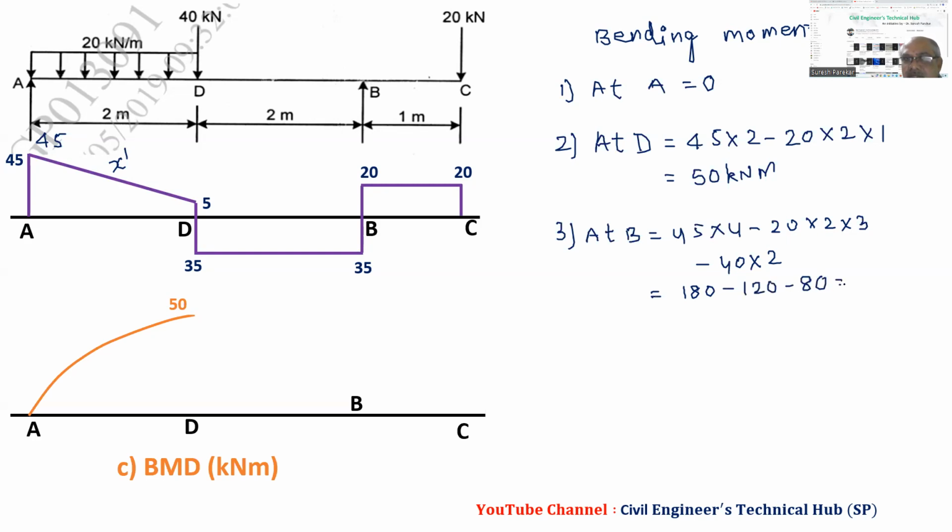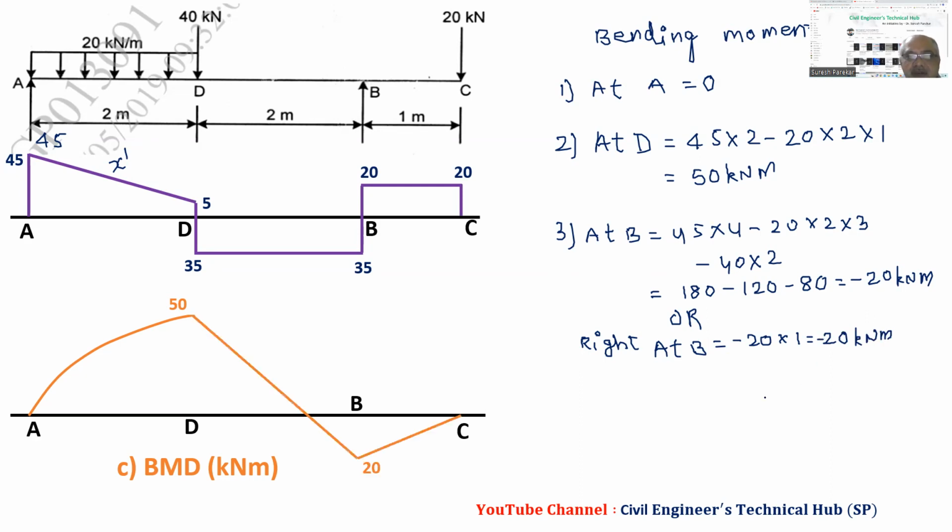So it comes to minus 20 kilonewton meter. Or I can come from right: simply at B, clockwise, so minus 20 into 1, minus 20 kilonewton meter. So it is easy instead of taking all this, and likewise we will get the BMD diagram.